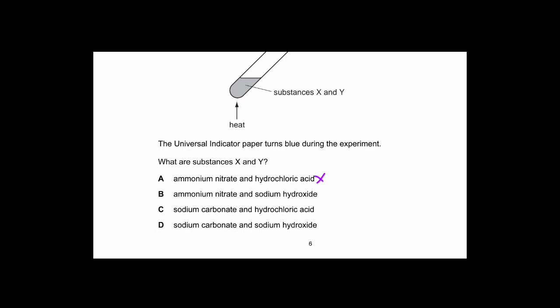We come to ammonium nitrate and sodium hydroxide. So we are going to say ammonium nitrate once again plus sodium hydroxide. What is going to happen here? So we have sodium, we also have hydroxide.